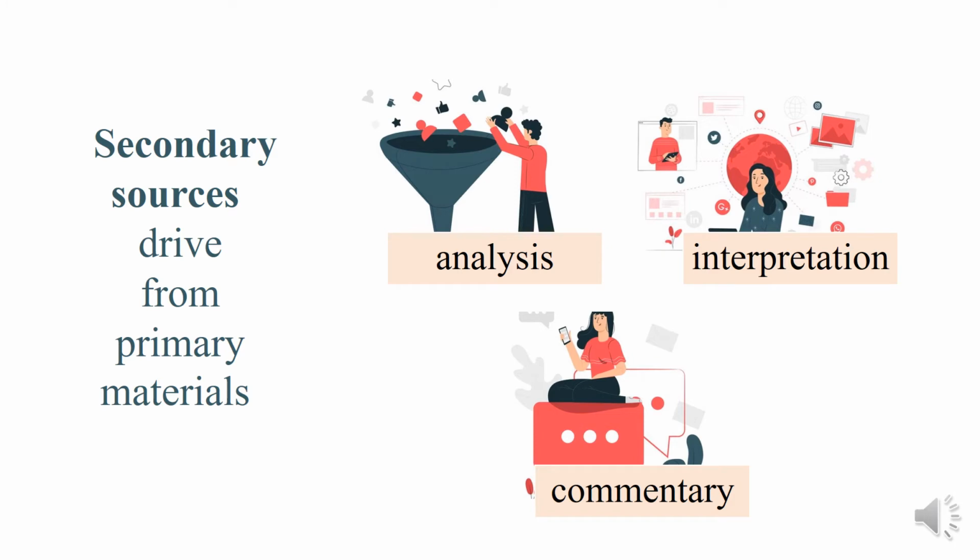Now we are going to deal with secondary sources. Secondary sources derive from primary materials and include analysis, interpretations, and commentary on primary materials. So they are explanations of the primary materials or the work of others, not the work of the main author.